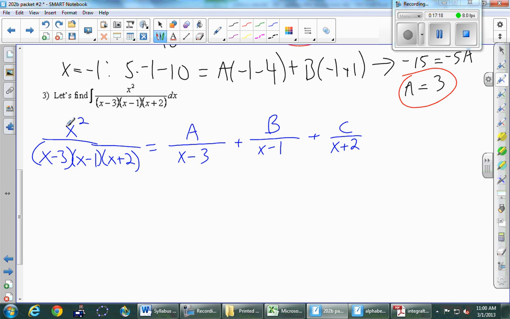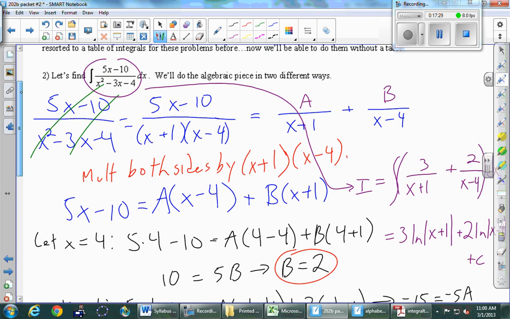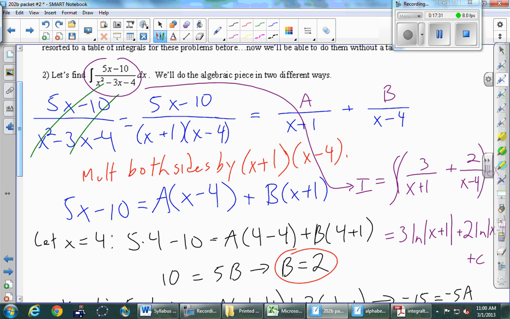Everybody see the setup? Is there reason to believe we might get an x squared out of the right-hand side? Because upstairs, when we did this first example, there was no way we were going to get an x squared, right? I had numbers up here, I think 3 and 7. And so we had like 3 of those and 7 of those, and there was no x squared anywhere, right? It was just a number times x and a number times a number.